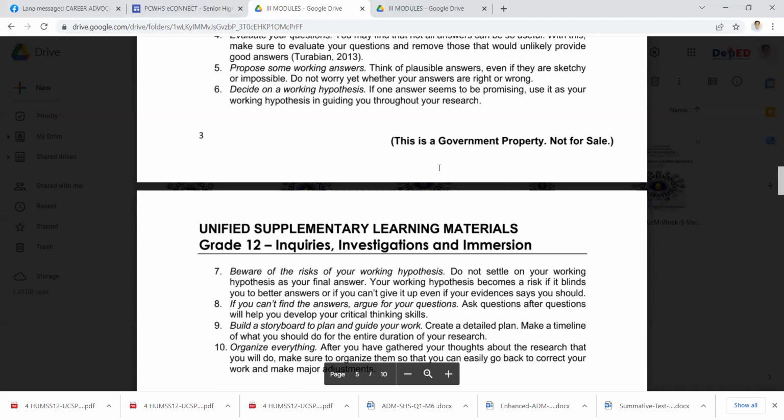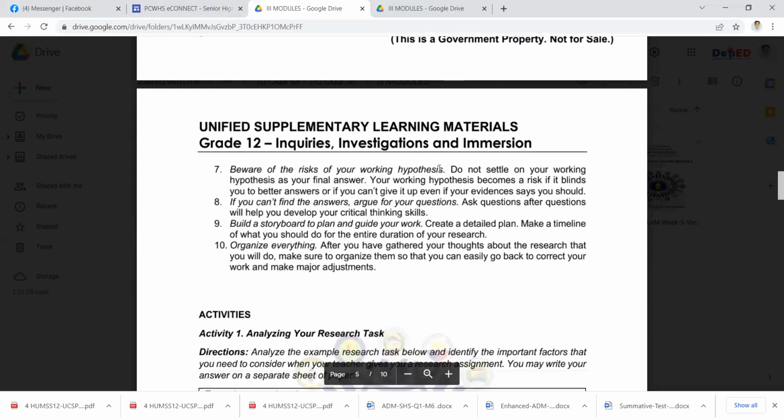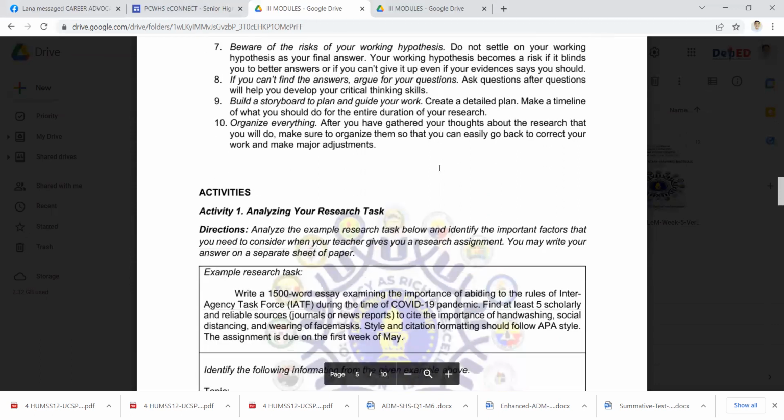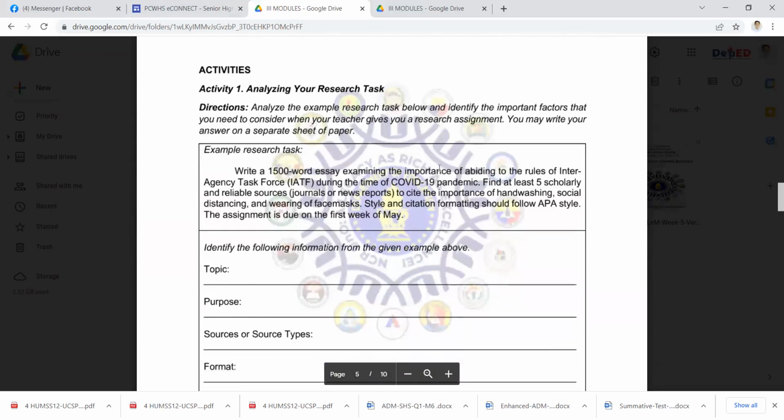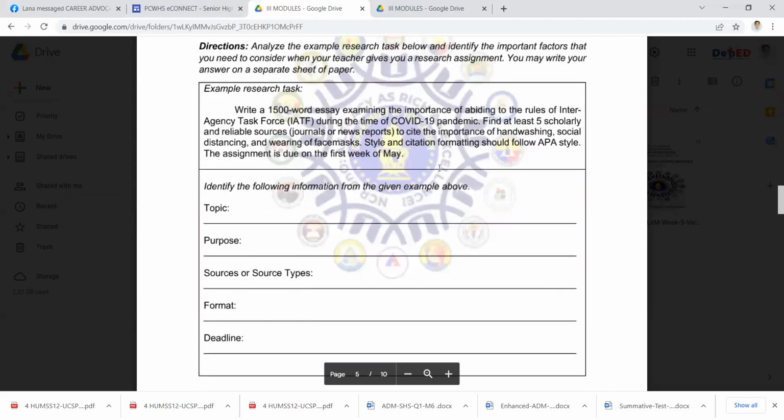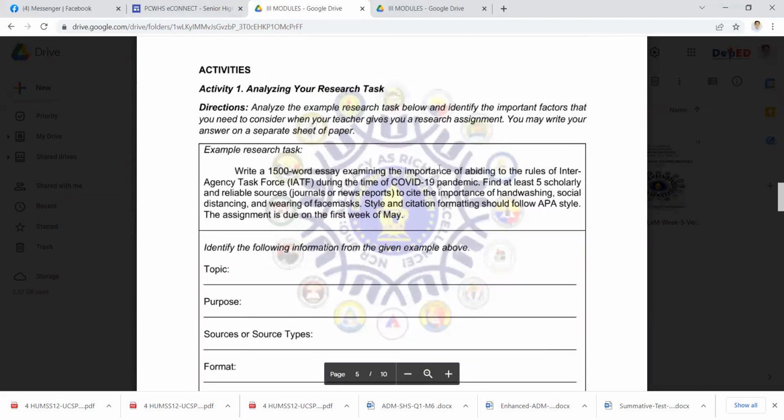And then organize everything. So for our activity, answer only activity 1. So for activity 1, analyze your research task. Direction: analyze the example of a research task below and identify the important factors that you need to consider when you are a teacher and you have a research assignment.